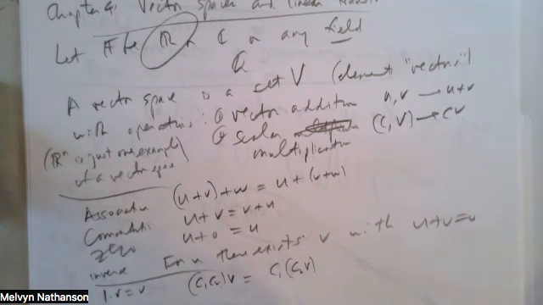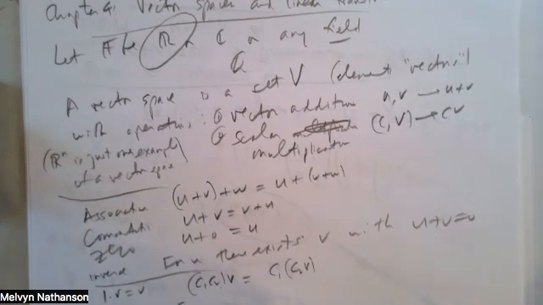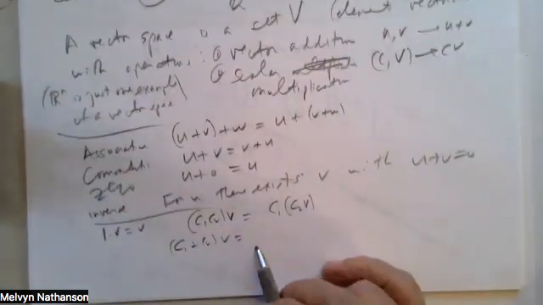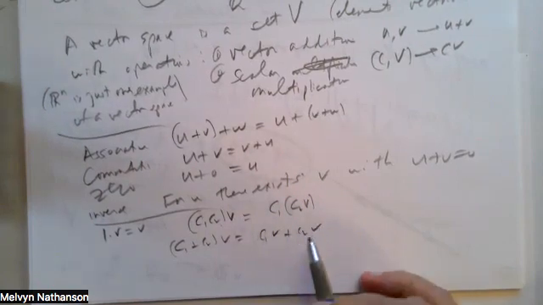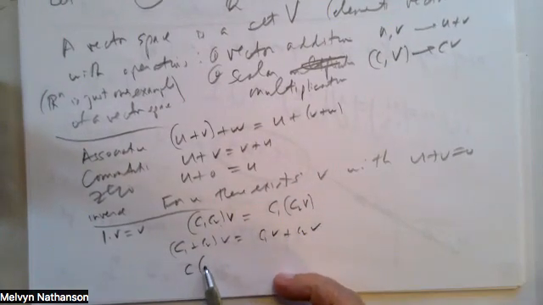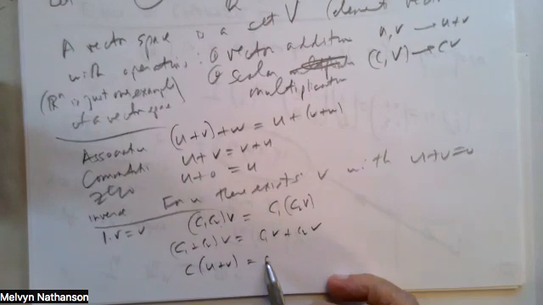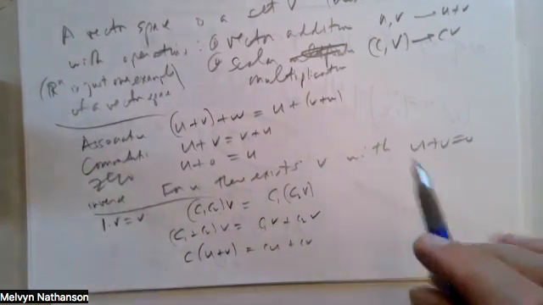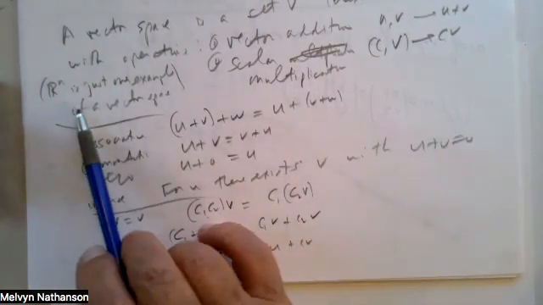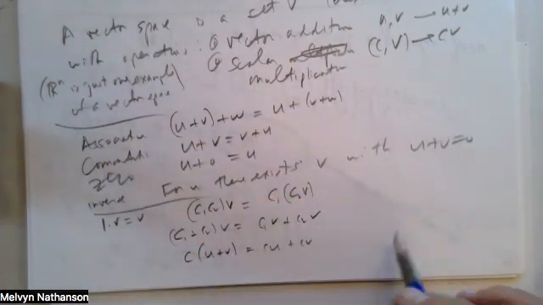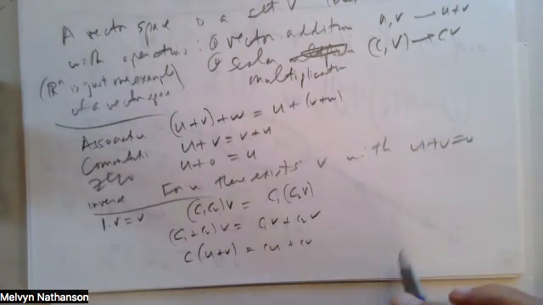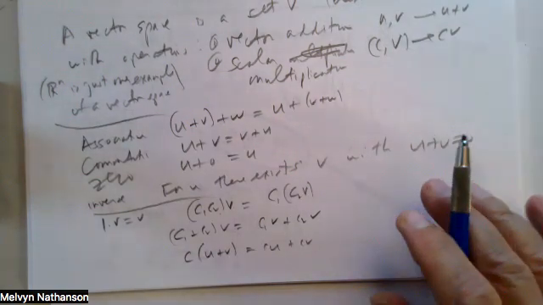And you have a distributive law, actually two distributive laws. If you take C1 plus C2 times any vector, that's C1v plus C2v. And if you take C times the sum of any two vectors, that's Cu plus Cv. So all of these properties are satisfied by Rn, but any set that has some operation of addition and scalar multiplication would also be a vector space.